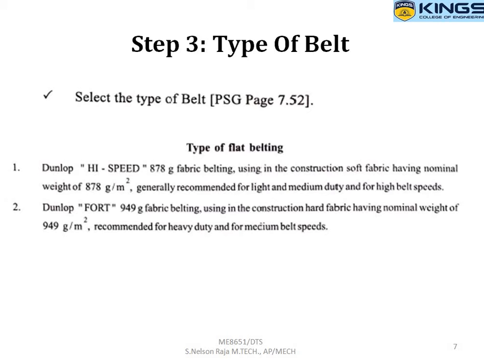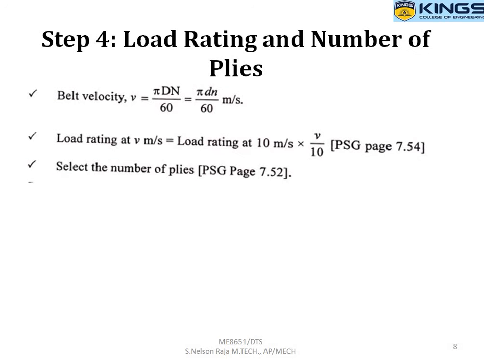Similarly, if the system is heavy duty, which means heavy load and medium belt speed, we select the Dunlop 4949G. These are the two belting conditions available in PSG page number 7.52.